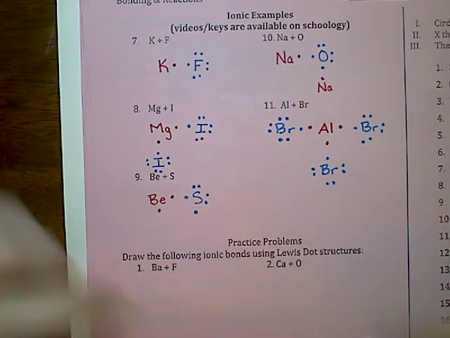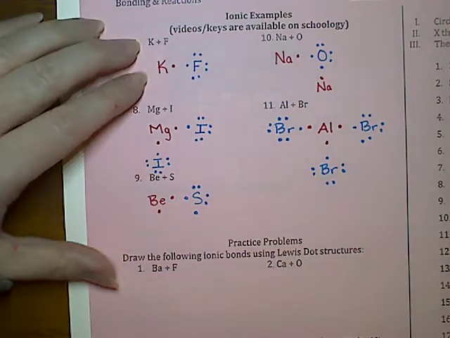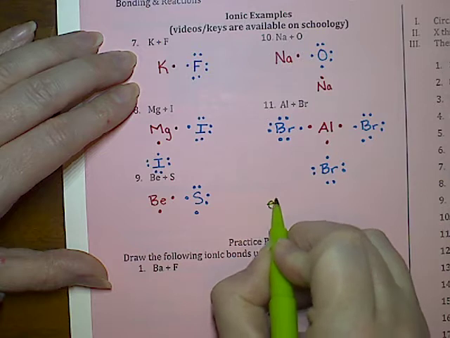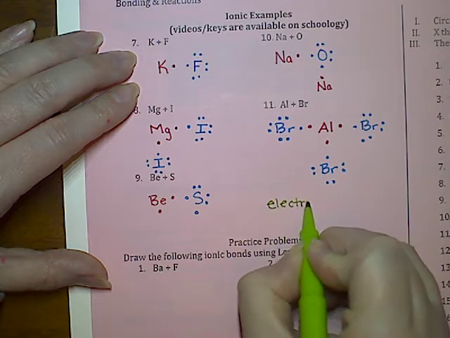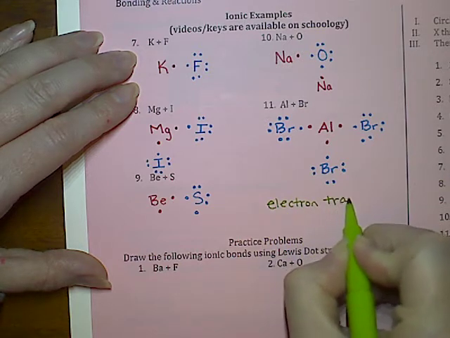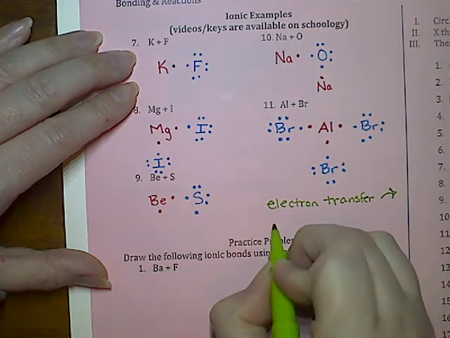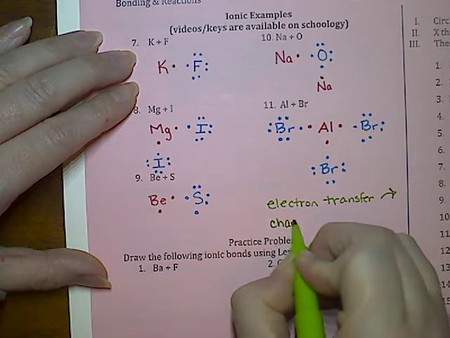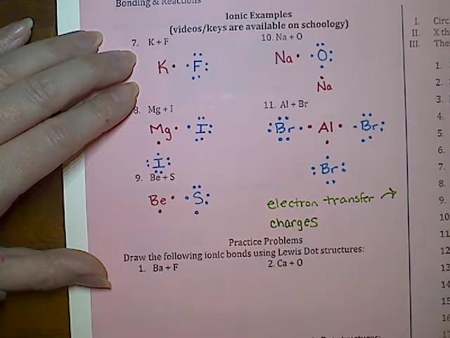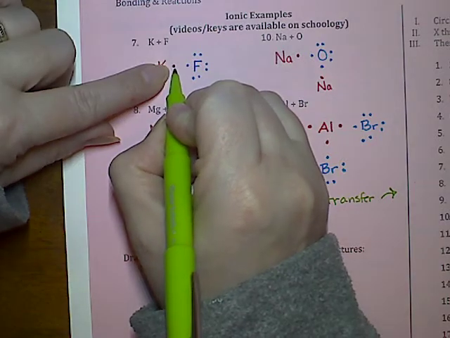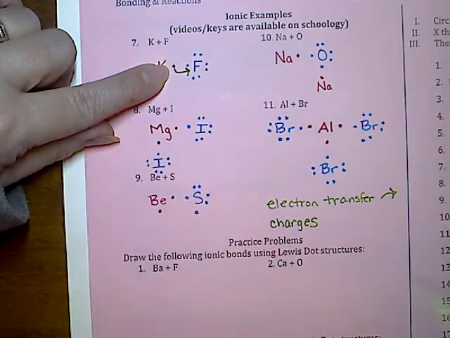So when we do this, we need to show electron transfer, and we're going to use arrows for that, and we must have charges. So potassium is going to give up and give to fluorine.